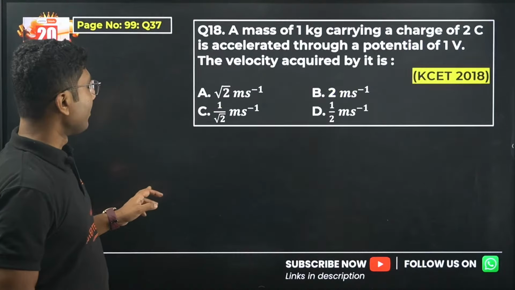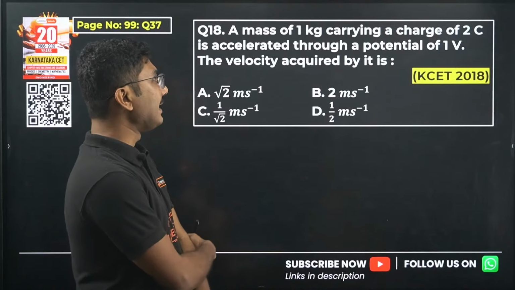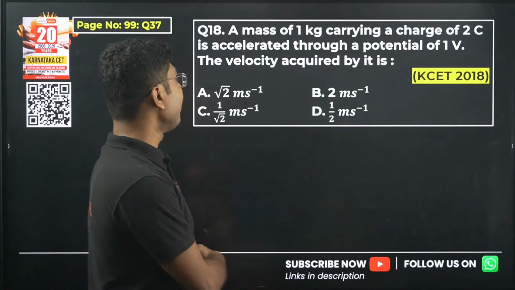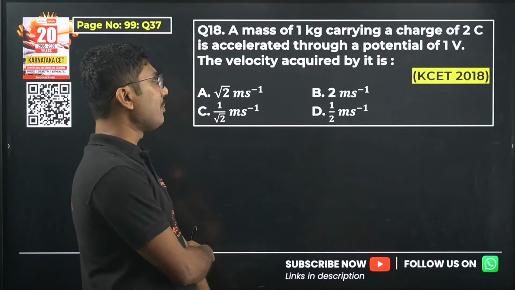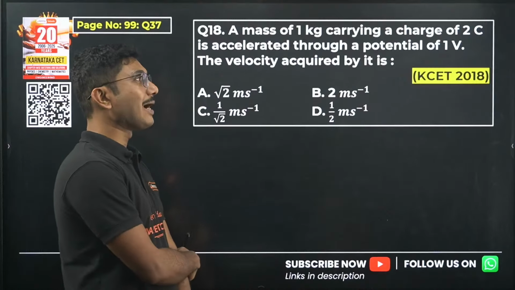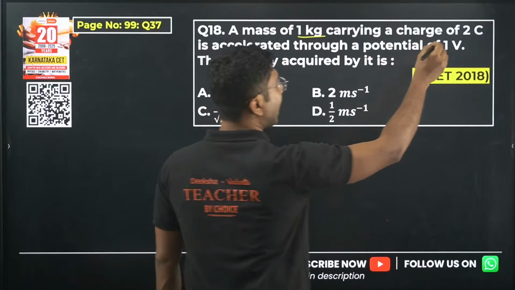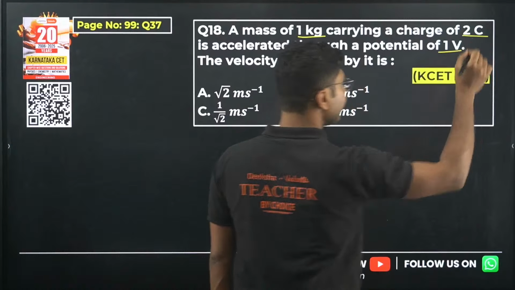Now next question. A mass of 1 kg carrying a charge of 2 coulomb is accelerated through a potential of 1 volt. The velocity acquired by it is? So mass 1 kg, charge 2 coulomb, voltage is 1 volt.